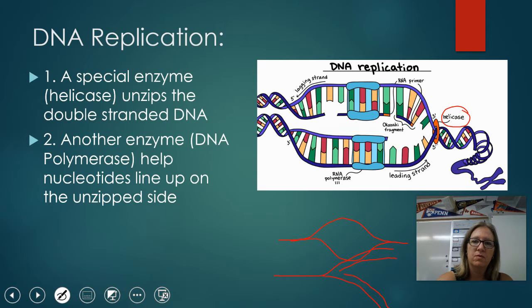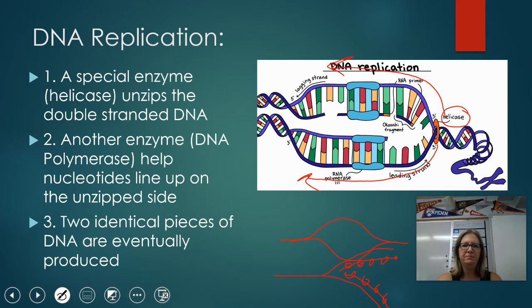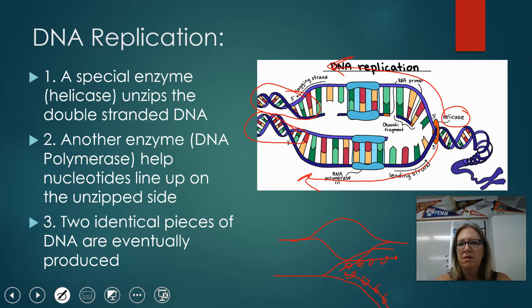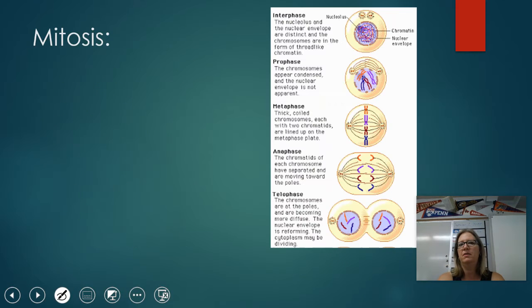So remember, here's one unzipped side, and here's the other unzipped side, and so there's new nucleotides coming in on this inside unzipped part. And then two identical pieces of DNA are eventually produced. So we've got this strand that eventually closes up, and you've got two of them that are a copy of this initial single strand. So that's happening in interphase. That's known as DNA replication.